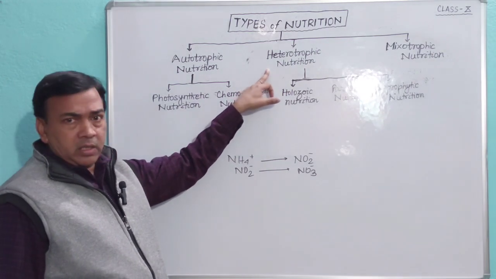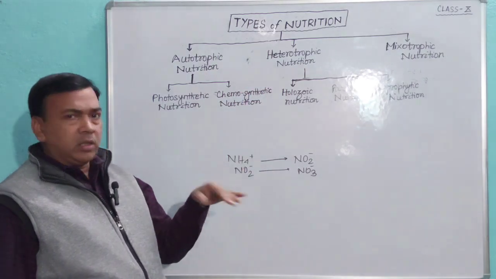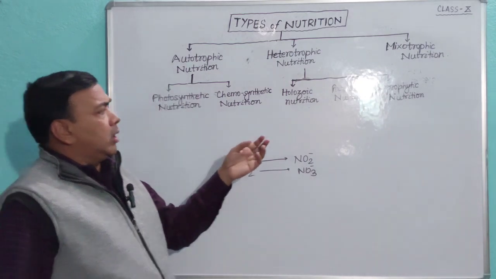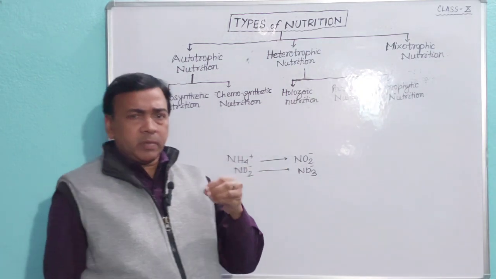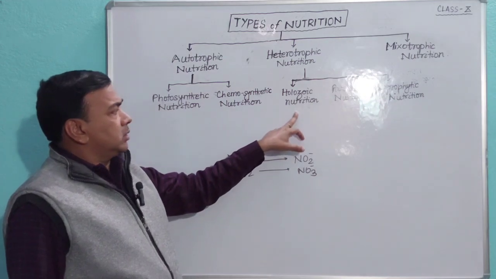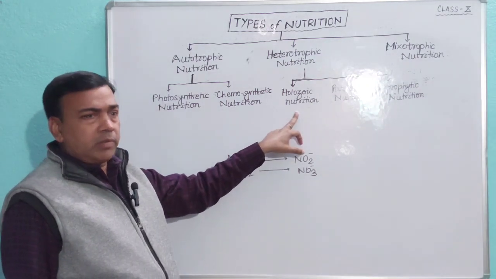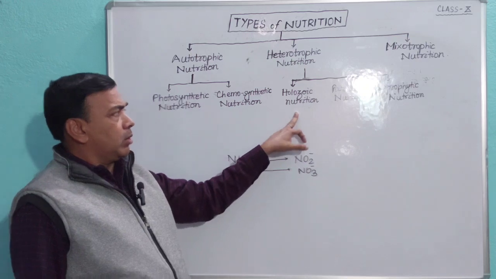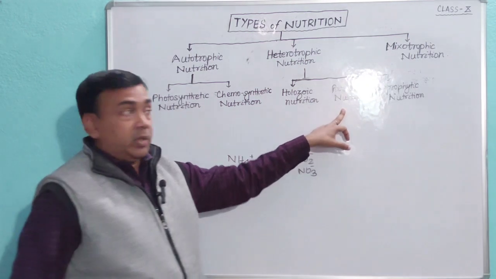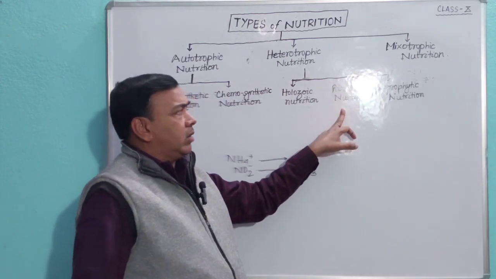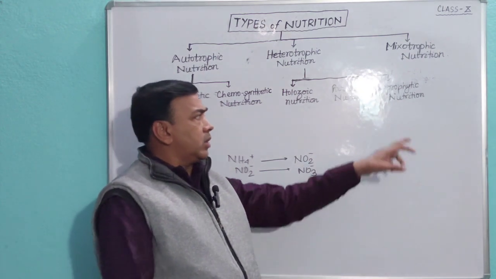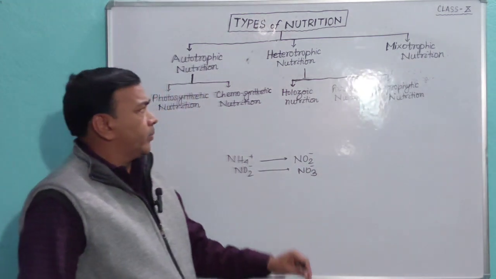They get their food either by killing some other organism or not by killing other organism. When they get their nutrition by killing organism, it is called holozoic. When they get nutrition from other living being, it is called parasitic. And when they get from dead and decaying matter, it is called saprophytic nutrition.